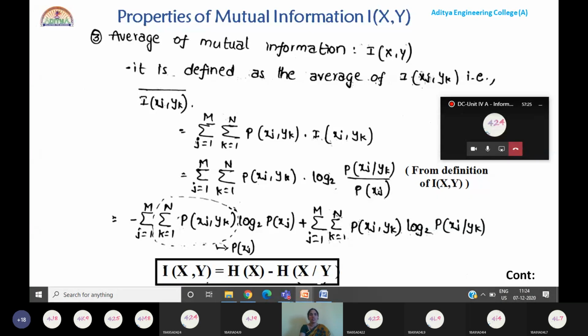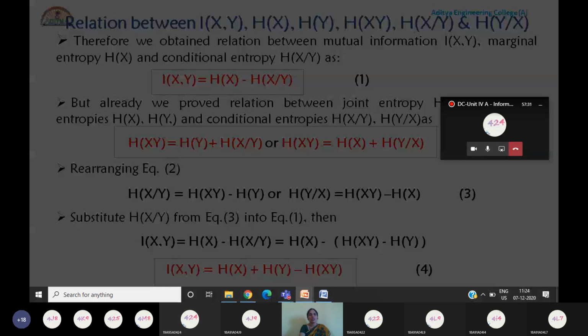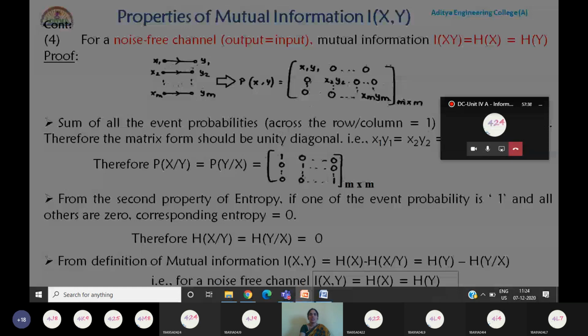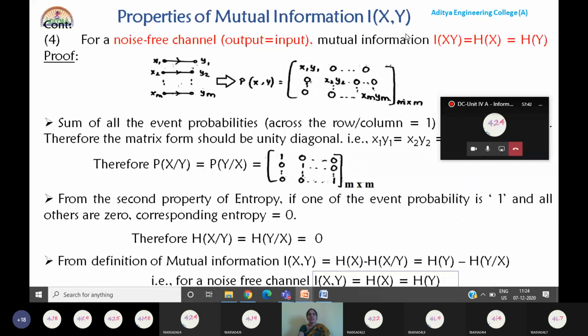Third, we have defined the average mutual information as H of X minus H of X by Y, or H of Y minus H of Y by X, or H of X plus H of Y minus H of XY.